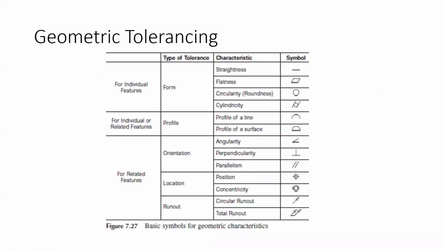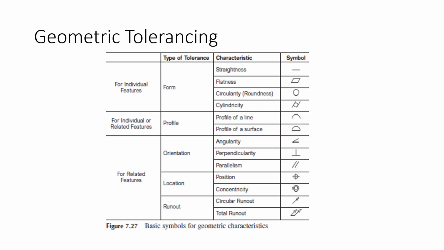So I'm not expecting us to leave here being geometric dimensioning and tolerancing experts, but there are some things that I think you should go away from here realizing. The big thing for me is that some geometric tolerances are for individual features. The straightness of a shaft is just how straight is this shaft?